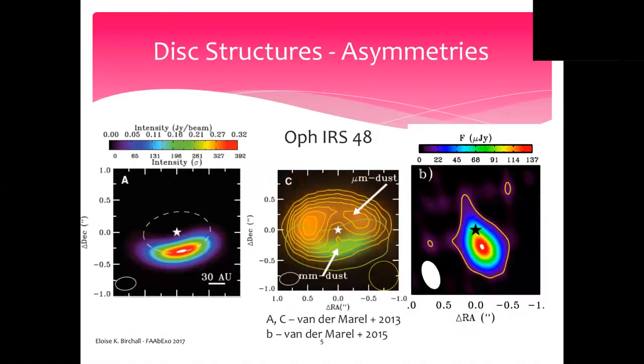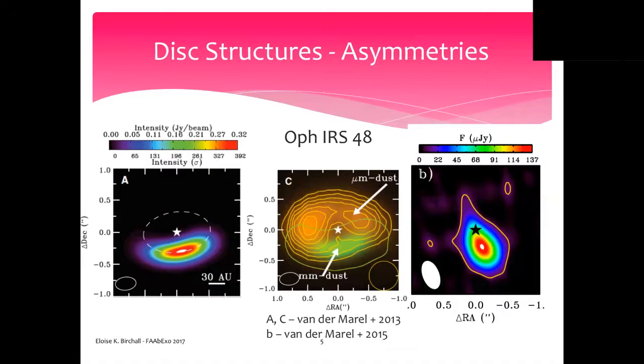One of the objects I studied is known to have asymmetries in the outer region of the disk. At about 60 AU, there's a spatial separation of the millimeter-sized dust grains and the micron-sized dust grains, creating this big asymmetry. There's also a concentration of centimeter-sized dust grains here.